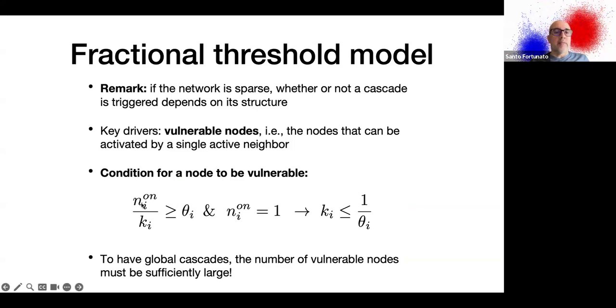Since the condition for activation in the fractional threshold model is that the fraction of neighbors which are on has to be bigger than this threshold, if we want this to be satisfied when only one of the neighbors is active, I replace n_i on with 1 in this formula, and I get a condition. So you can easily see, when you choose the thresholds of the nodes, how many vulnerable nodes you have. Those are particularly tricky.